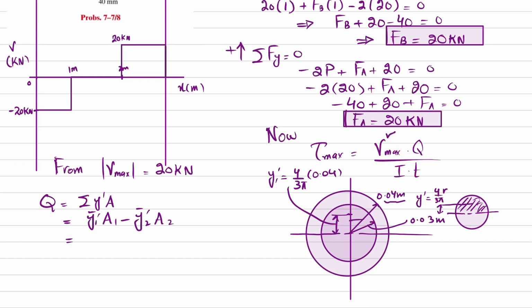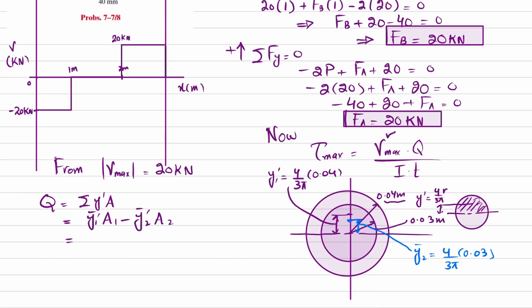So this point is your centroid, and this is your y2 dash, and that will be equal to 4 over 3 pi into r, where r is 0.03.